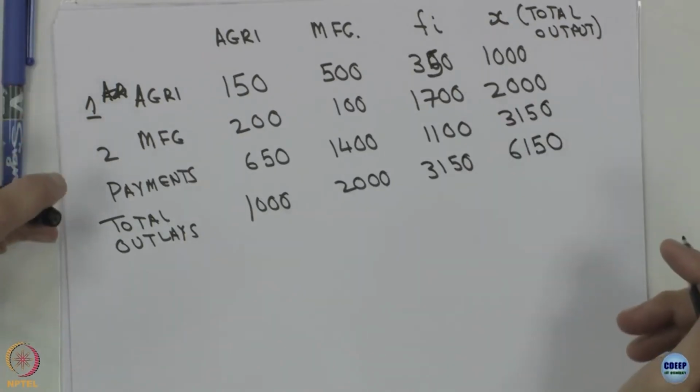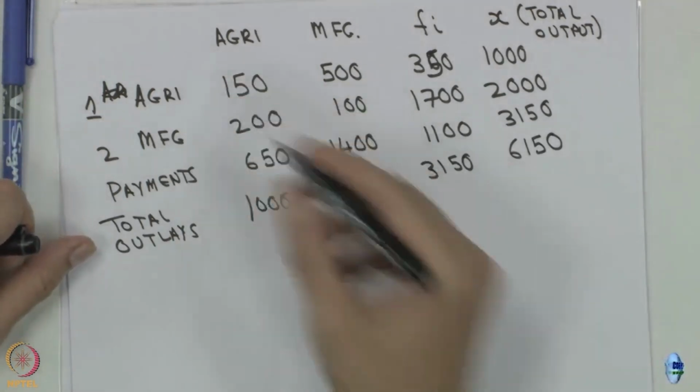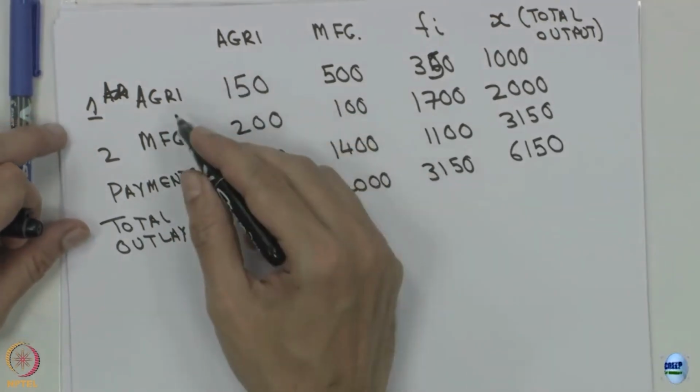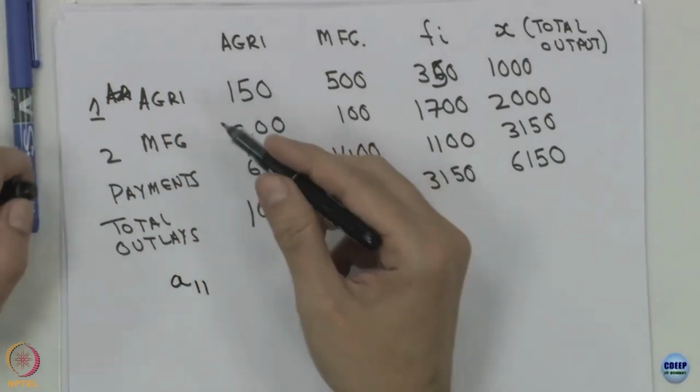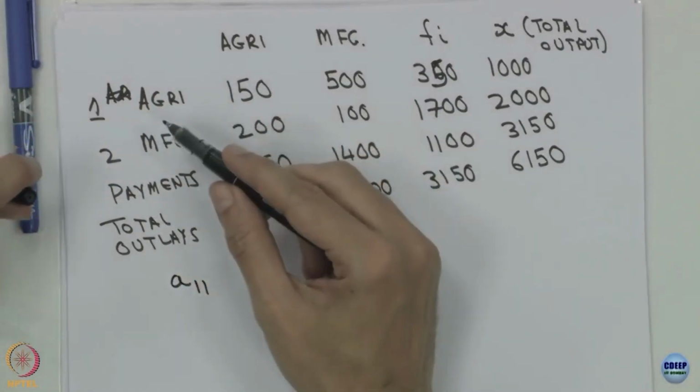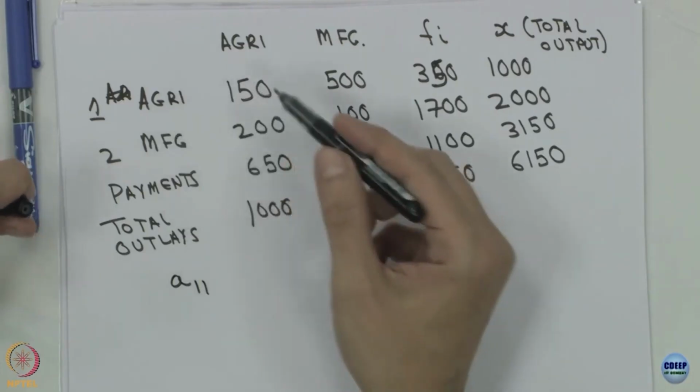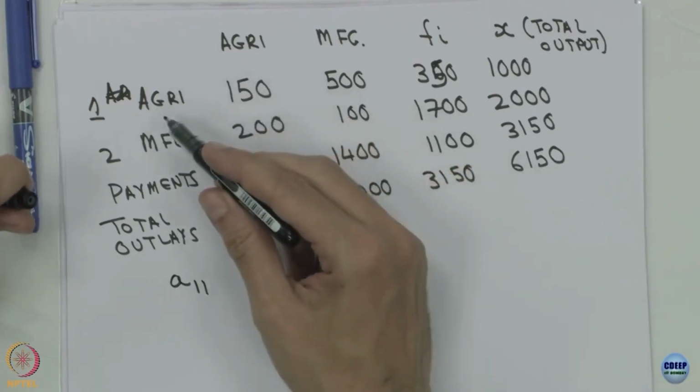Now, let us look at how we calculate the AIJs. If we look at A11, it is the amount of agriculture used per unit of agriculture output.